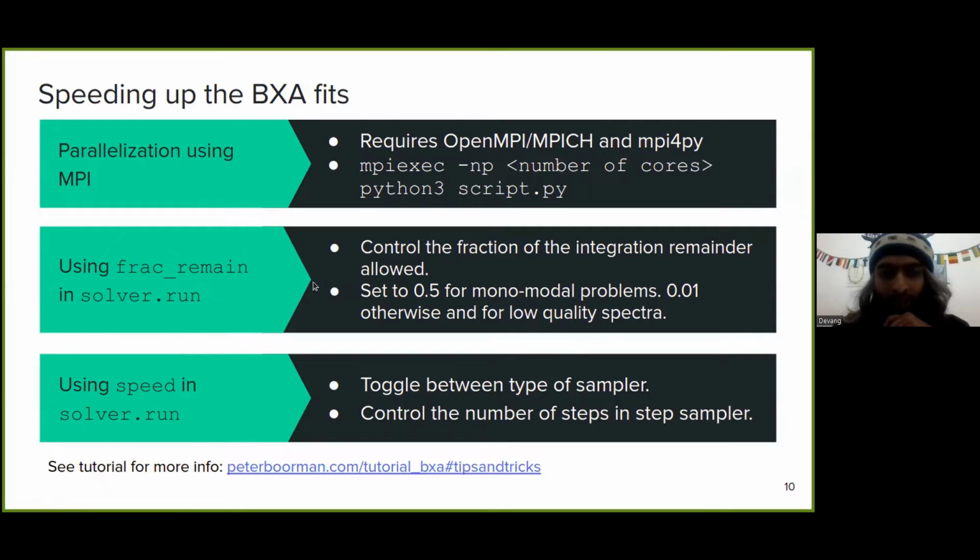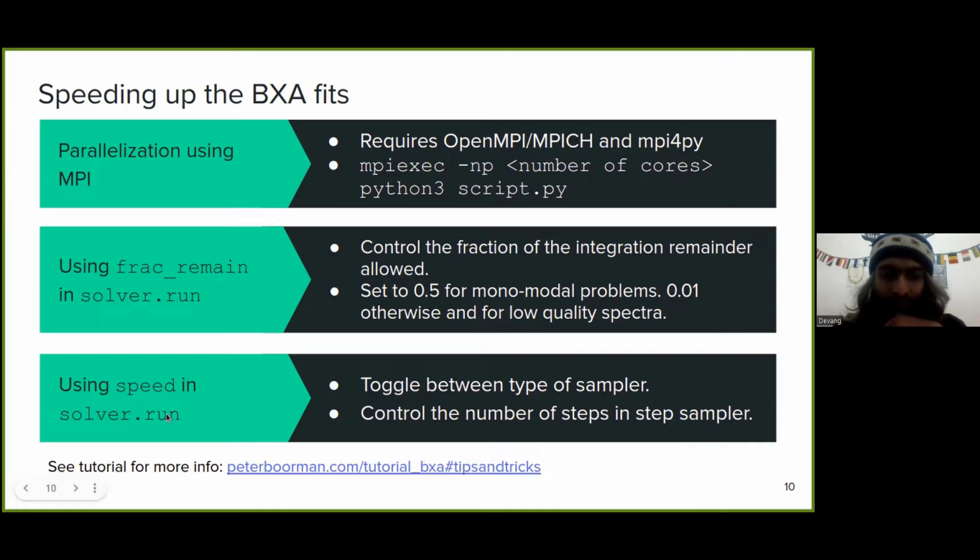This is essentially tweaking the point where your fitting task stops. If you already know that all of your parameters are monomodal, then you can also set it to 0.5. But as we saw in our case, this is not applicable. So we have to do with the default setting.